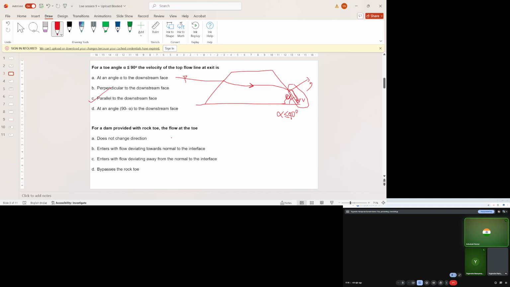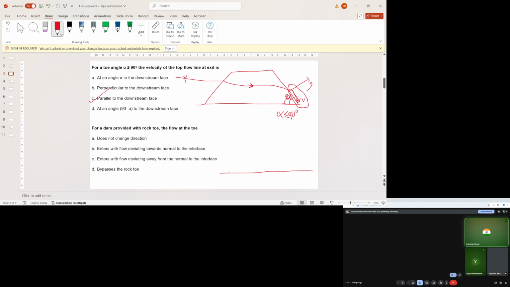For a dam provided with rock toe, the flow at the toe: option A, does not change the direction; enters the flow deviating towards the normal to the interface; enters with flow deviating away from the normal to the interface; bypasses the rock toe.